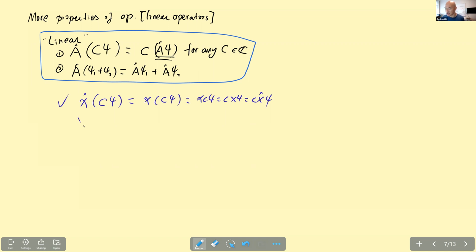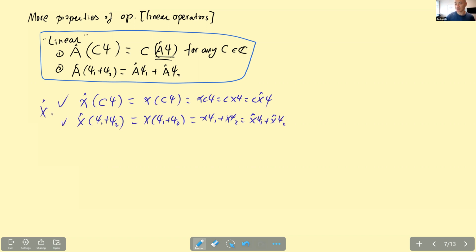Now how about the second criterion? It's x times psi 1 plus psi 2, right? That of course is x times psi 1 plus x times psi 2. So this one is checked.